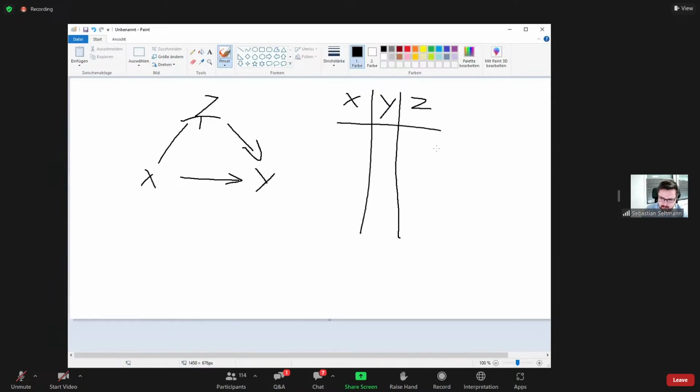Let's say we've got a small y, a small x and a small z, and if the x is bigger, then the z will be bigger.